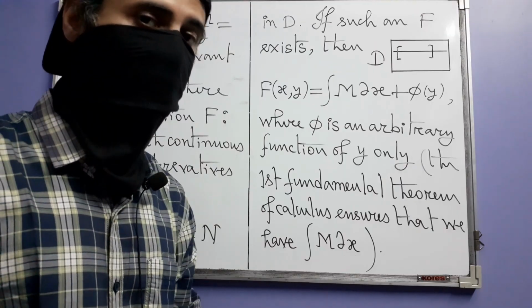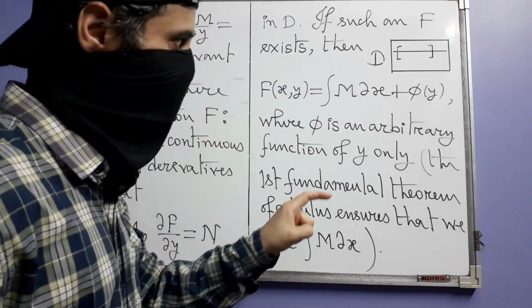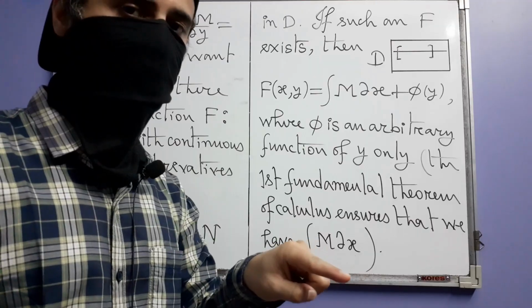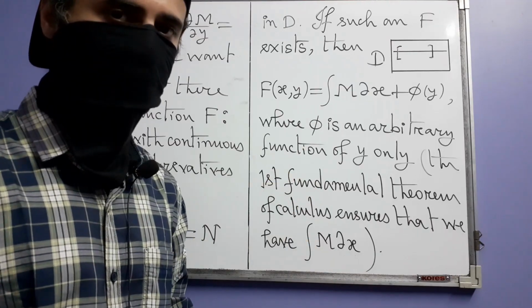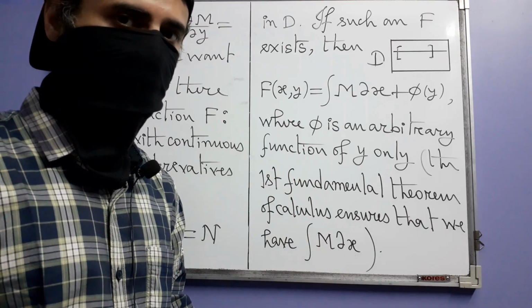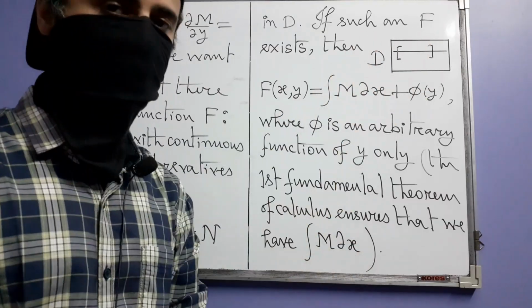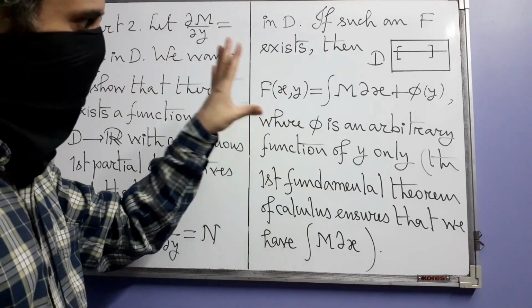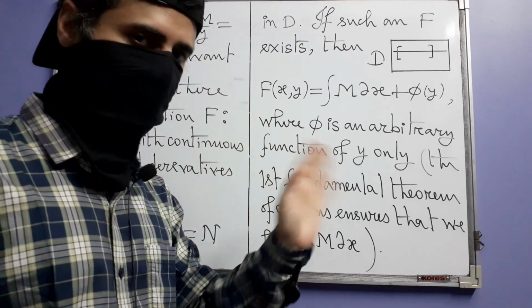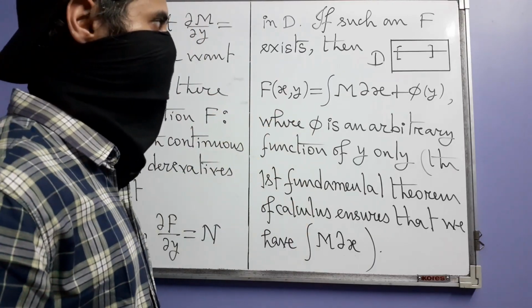Okay, that is why this integral exists, and additionally, because the function is continuous, there is an antiderivative. But we are of course not considering a definite integral, but in this case the antiderivative exists. Okay, it comes from single variable calculus.